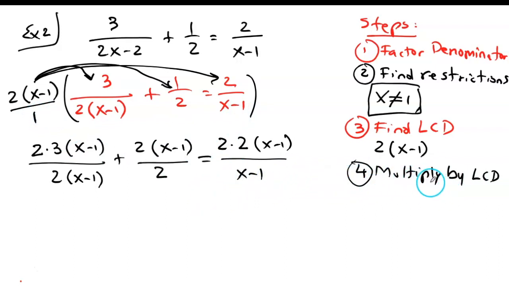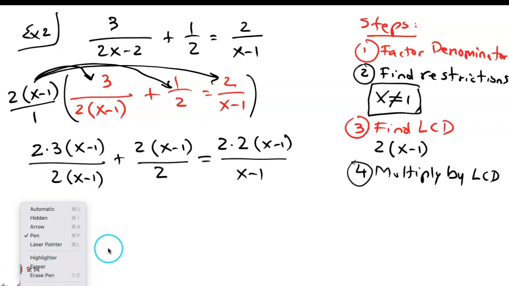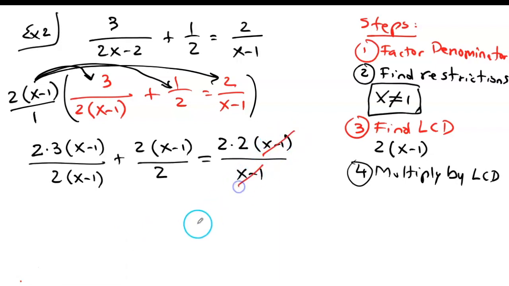What's the idea of multiplying by my LCD? Because now my denominators are going to cancel. When I say simplify, now your denominators will cancel. Let's get rid of them. X minus 1 from the top, x minus 1 from the bottom. 2 from the top, 2 from the bottom. And look, the denominators are gone.